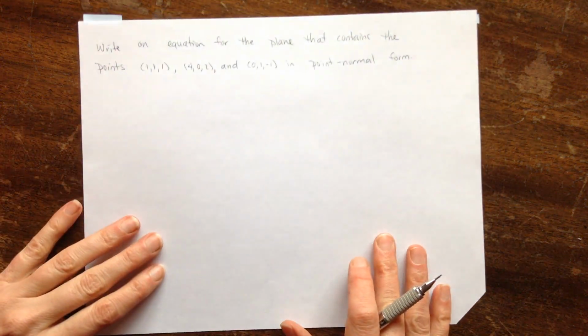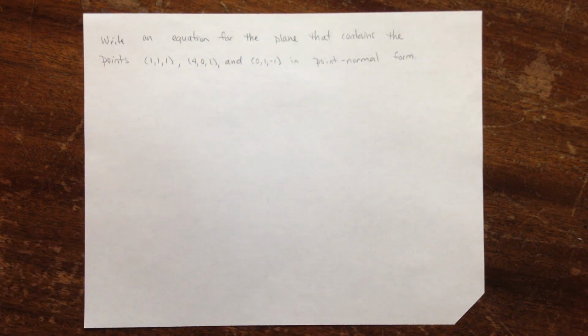So let's use a cross product. I think this is a problem that was off the homework from last time. Let's suppose you want to find an equation for a plane that contains these points, and you want to find this equation in point normal form.